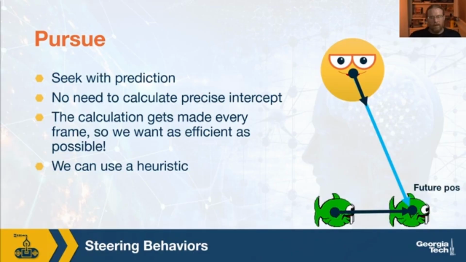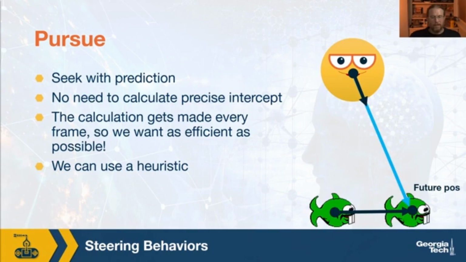So one that we might want to develop is pursuit. This is like seek, but we're going to introduce prediction. Basically, just come up with a new position to seek, but it's going to be defined by where our target is moving. Say we're one agent chasing after another agent, or perhaps chasing the player.